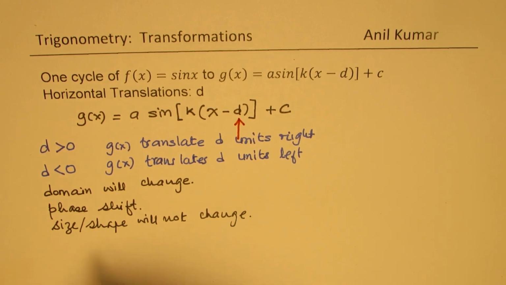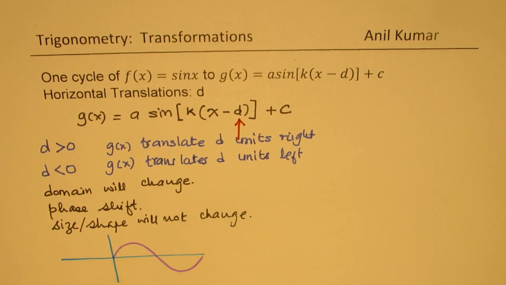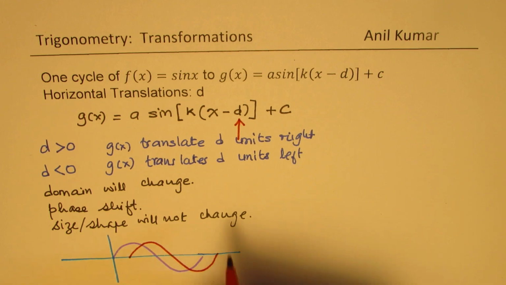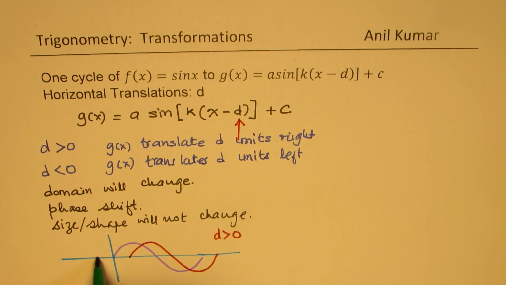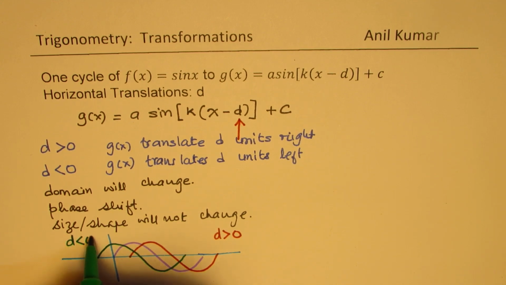So generally speaking, if the default graph of the function is sine x like this, then horizontally the whole wave will move d units right if d is greater than 0, or it is going to move d units left if d is less than 0, right?